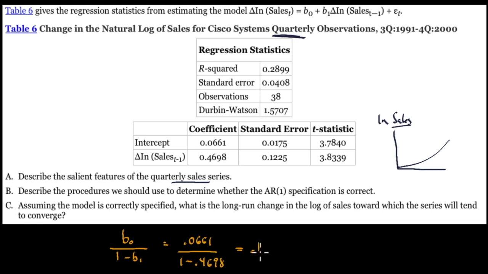And if you take your calculator out and hit a few keys, you'll get 0.1247. Now, keep in mind, what is this? This is the mean reverting level for this value.